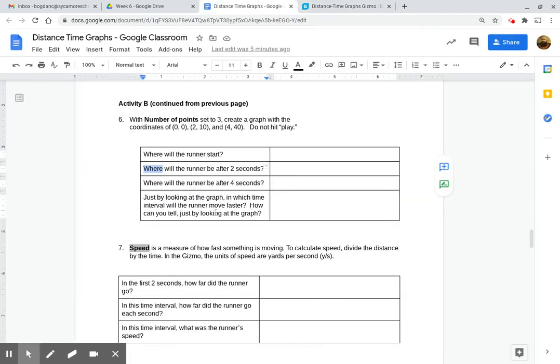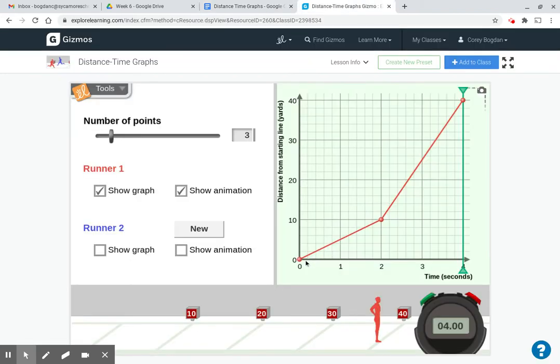Just by looking at the graph, in which time interval will the runner move faster? So I have 2 time intervals. My first time interval, which is like a segment of the race, is from here to here. The second half of the race is here. So just by looking at the graph without hitting play, I already know which time interval, the 0 to 2 seconds or the 2 to 4 seconds, the runner's going to be moving faster.